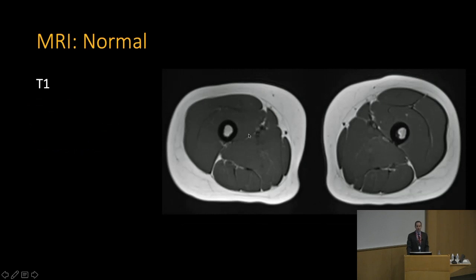How about a normal T1 weighted image? So on T1, again, we have the subcutaneous fat, but notice how it is white. It's very bright in signal on T1, so that's a normal appearance. Fatty tissues you can see in the bone marrow as well. That's normal. And you can also see fatty tissues along the intermuscular planes. So you can see surrounding the quadriceps muscle group, there's a little white fatty plane, and then we're separated by the posterior muscle compartments and the adductor compartments.